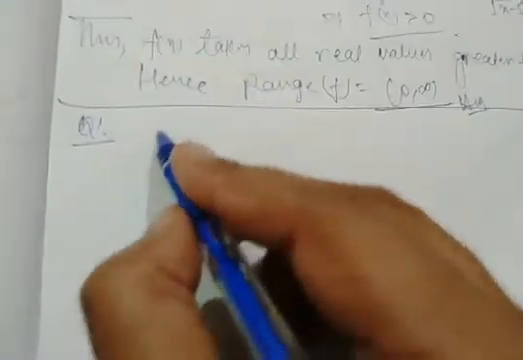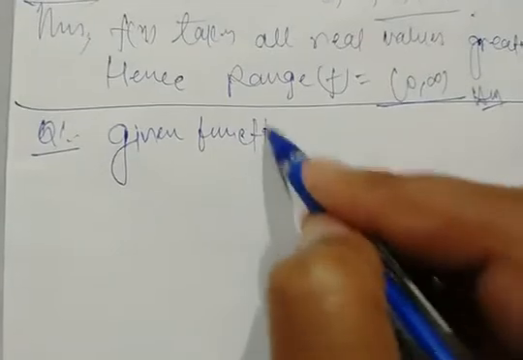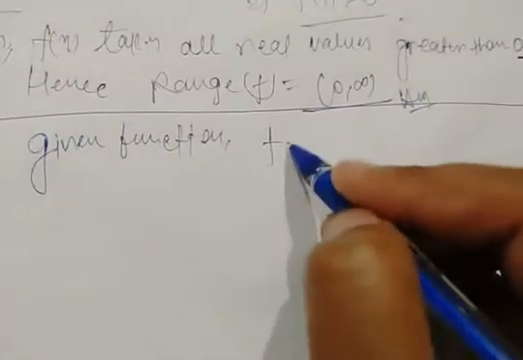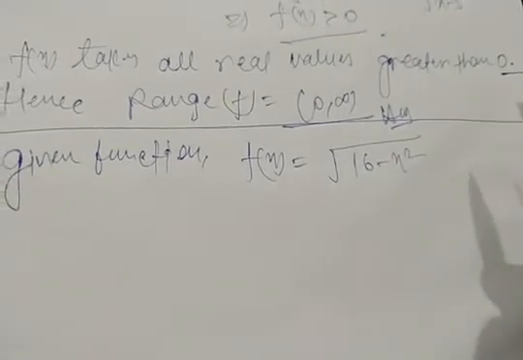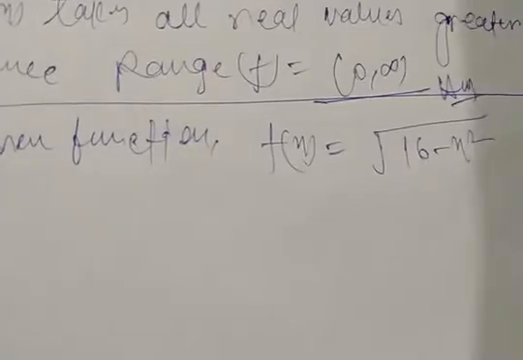Your second function is f of x is equal to under root 16 minus x square. First of all, we write the given function. Given function f of x is equal to under root 16 minus x square.